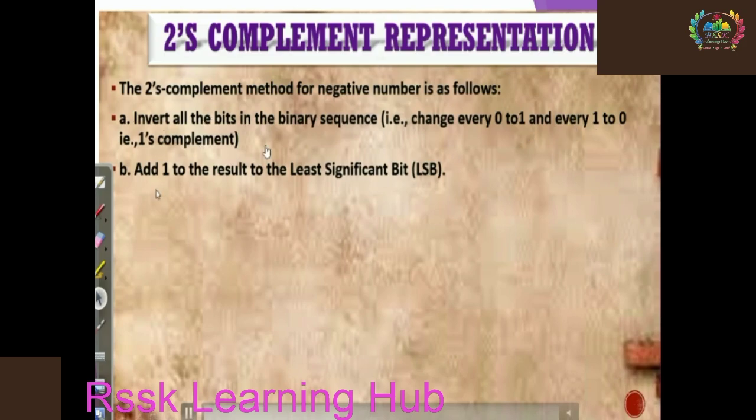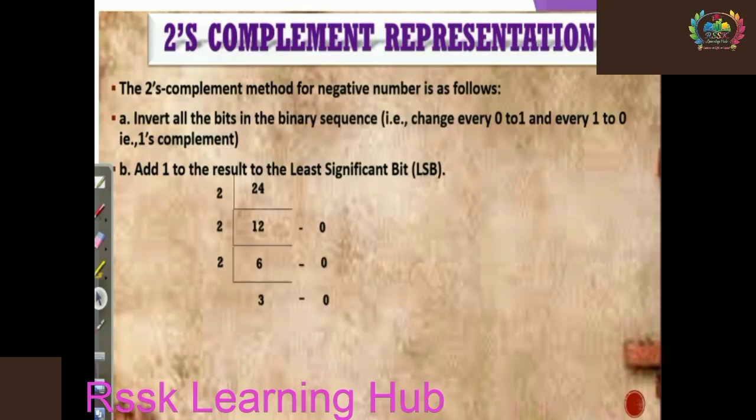That is the 1's complement. After that, in 2's complement, you take the 1's complement first, then add 1 to the result at the least significant bit, that is the LSB.